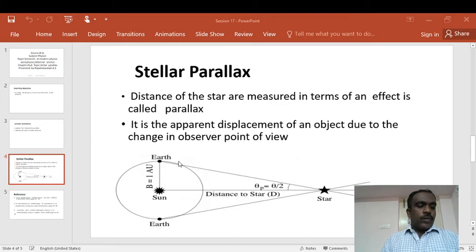d is equal to 1 by theta. Since sine theta is approximately theta, d is equal to 1 by theta, so d is equal to 1 parsec.